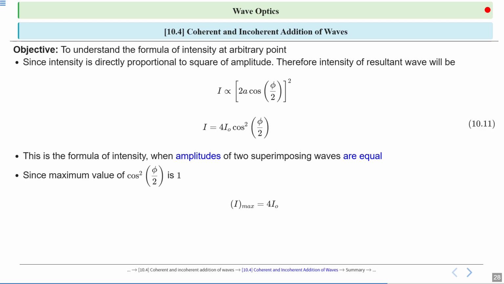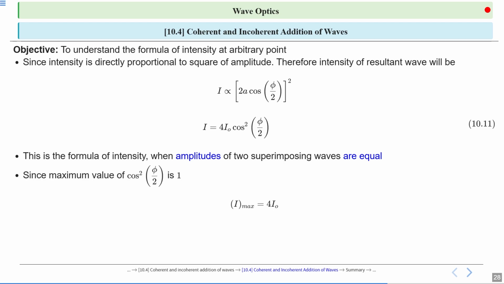When the phase difference is 0 or an even integral multiple of pi, that means 2 pi, then 2 pi upon 2 will be pi. Cos pi is minus 1, and its square will be 1.